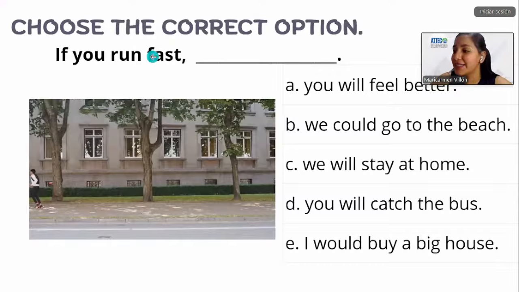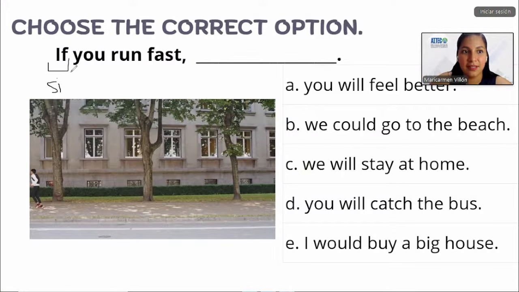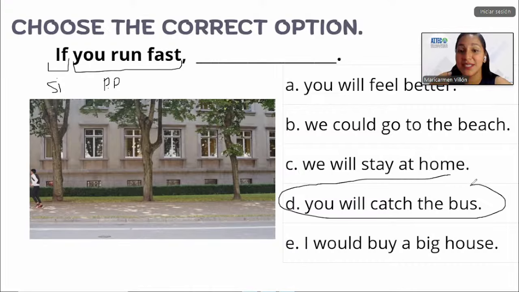If you run fast, if, si tú corres rápido, if you run fast, esto está en presente simple. ¿Cuál es el resultado? ¿El resultado es futuro? ¿El resultado es un hecho real basado en el resultado de la condición? ¿Qué creen ustedes? Excellent, very good. You will catch the bus. Y es que si tú corres muy rápido vas a poder alcanzar el bus, ¿no?